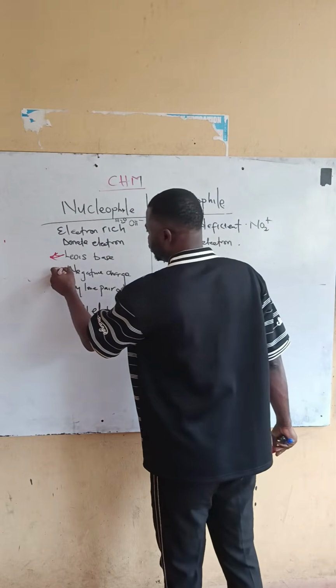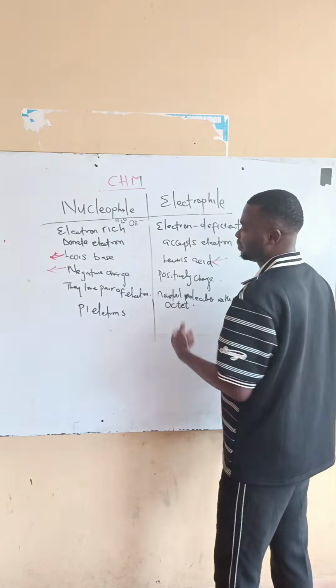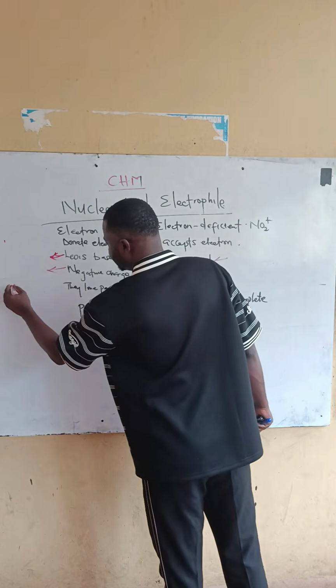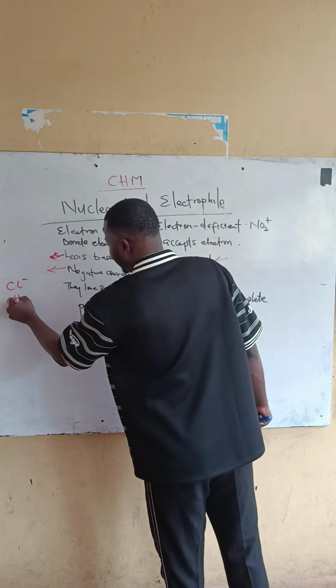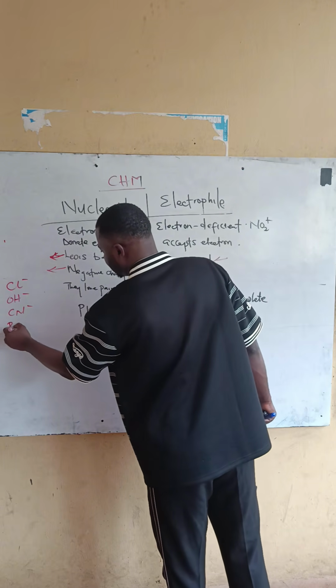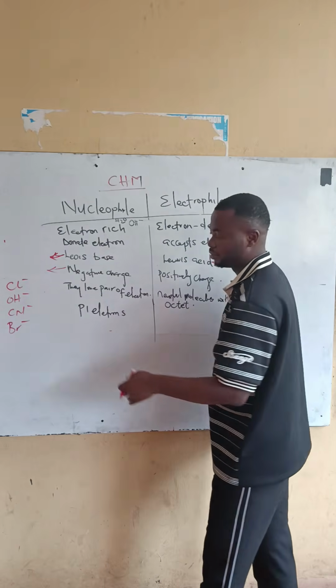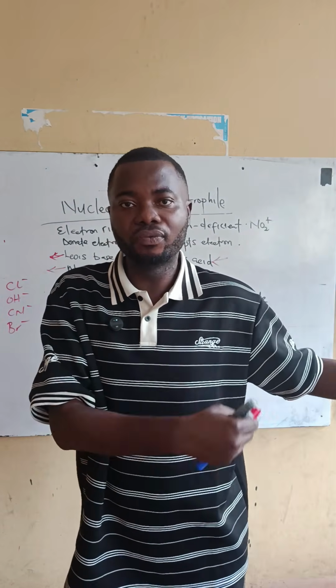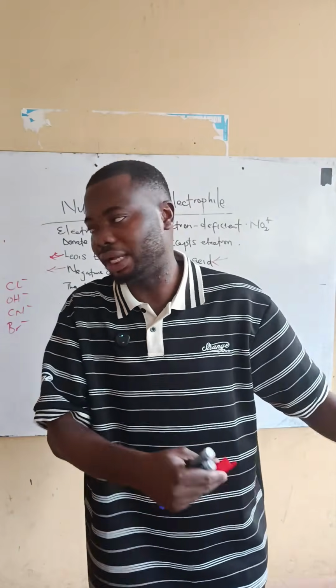Now, how do we identify them? Nucleophiles normally have a negative charge. For example, Cl minus, OH minus, CN minus, Br minus. You can see all those guys with minus. They are nucleophiles. Nucleophiles are negatively charged.